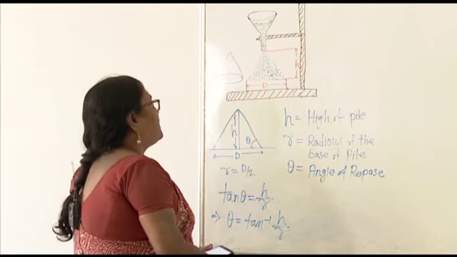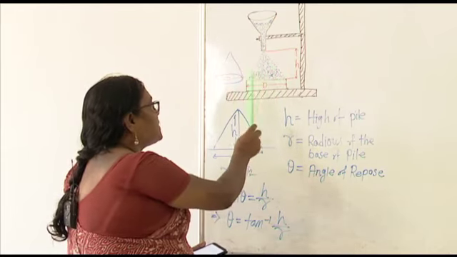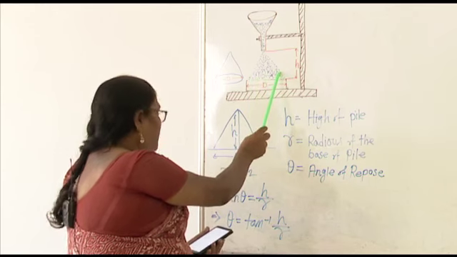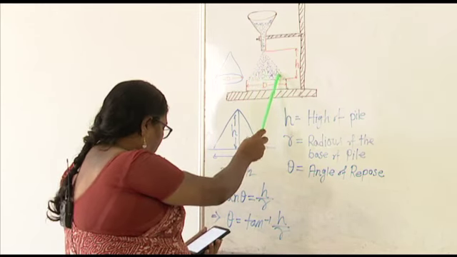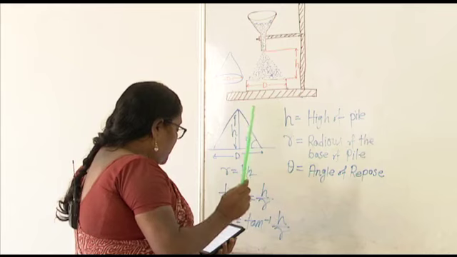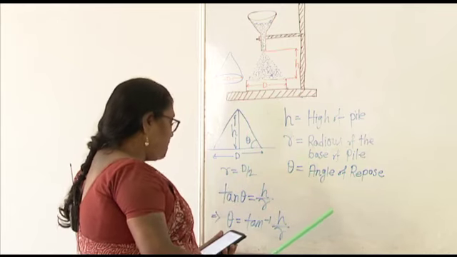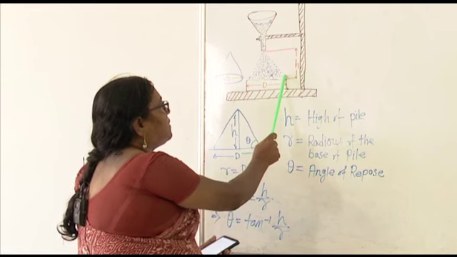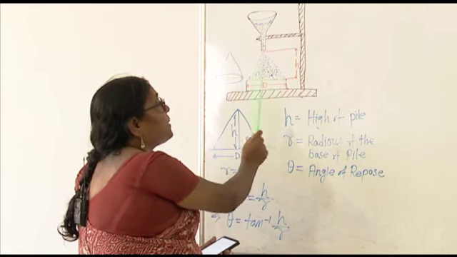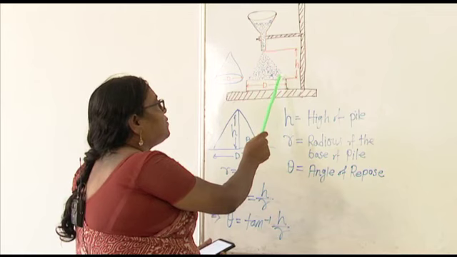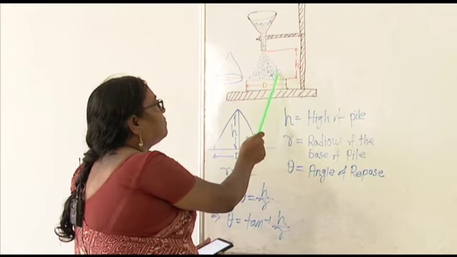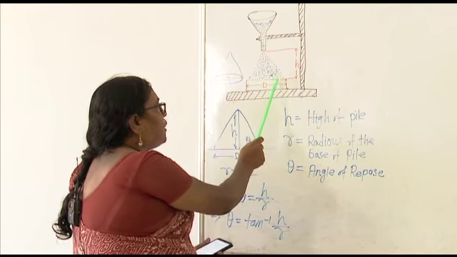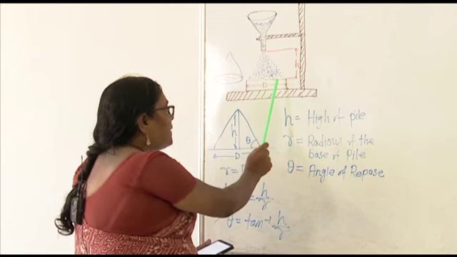By definition, angle of repose, that is the angle that we are going to measure, is the steepest angle formed between the base and this surface. Somewhere you may find a little difference.